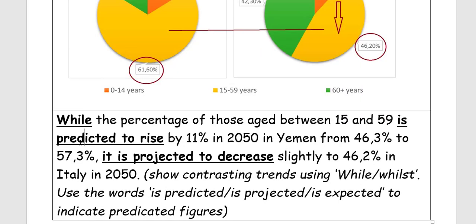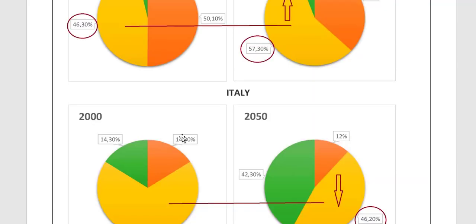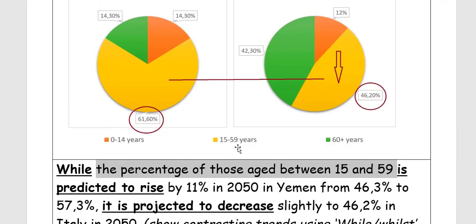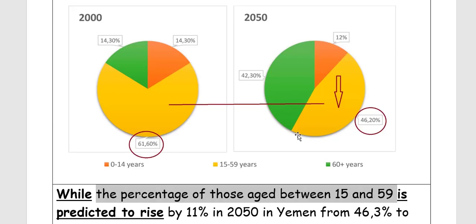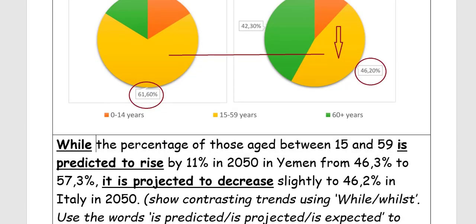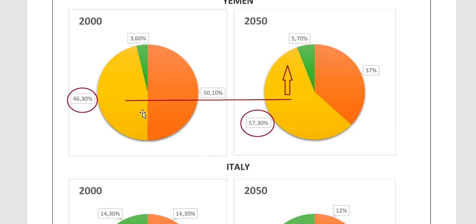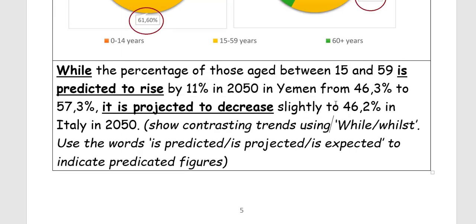You use the word while when you want to compare and contrast. So while the percentage of those aged between 15 and 59 here is predicted to rise by 11% in 2050 in Yemen. So if you look at this carefully, we can see that there is an increase, there is a rise, and then it's projected to decrease slightly to 46.2 in Italy in 2050.